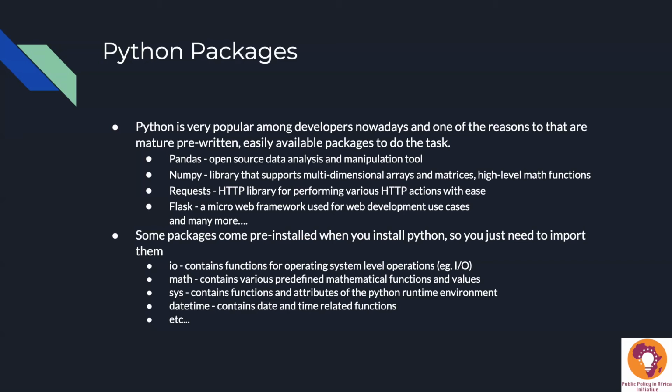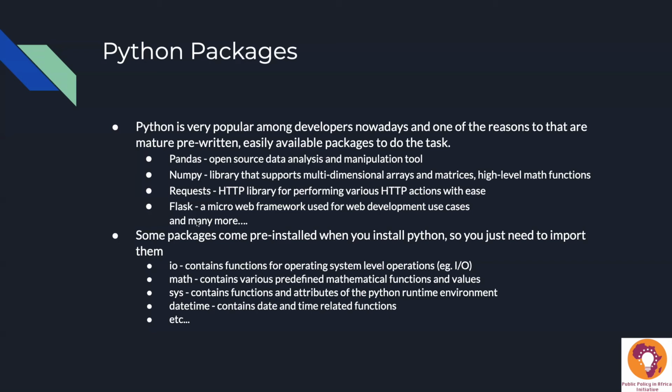Flask is for a relatively simple website, or where you want a lot of flexibility in exactly how everything's implemented. And Django is used for maybe a heavier, more database-oriented use case. But there's a ton of different packages. These are just four that I've mentioned here, but there's tons out there.